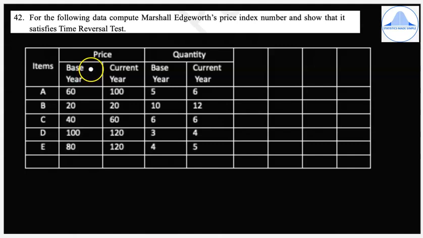So the first step is to mark the price in the base year as P0, the price in the current year as P1, quantity in the base year as Q0, and the current year quantity as Q1. Now for Marshall-Edgeworth index number, we need to find out P0 Q0, P1 Q1, P1 Q0, and P0 Q1.